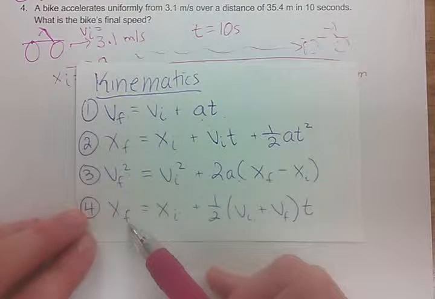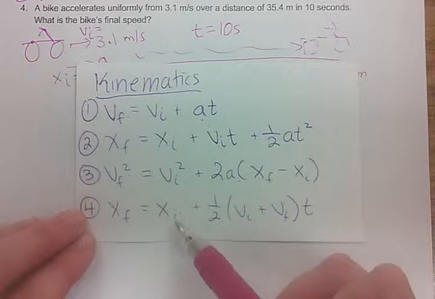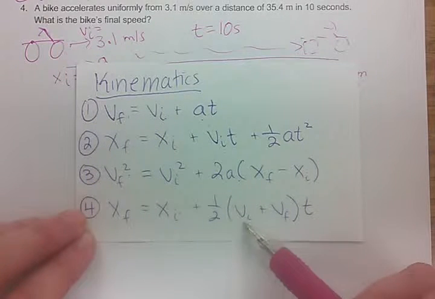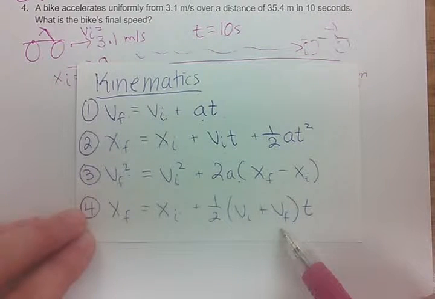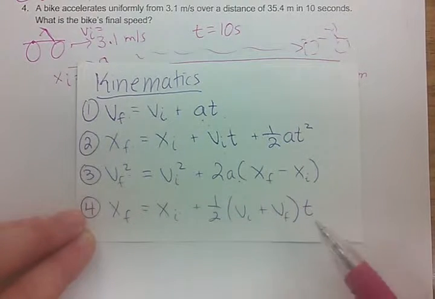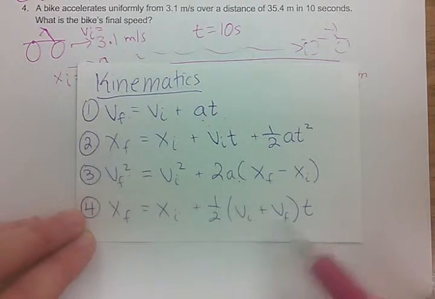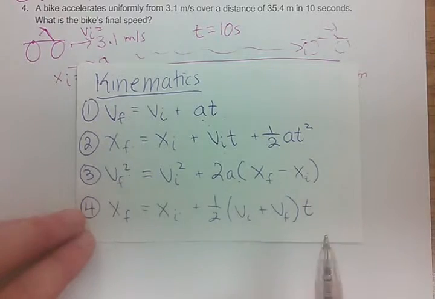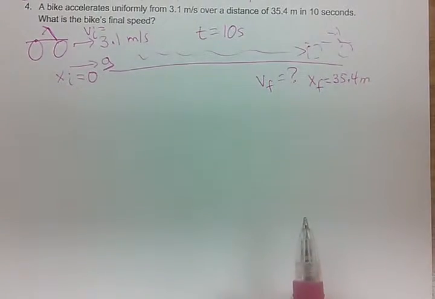We have our final position. We have our initial position. VI we know. VF is what we're looking for. So as I was saying earlier, we want to look for an equation that contains that variable, and we have our time. So it looks like number 4 is the one we want to use. So let's copy that down.